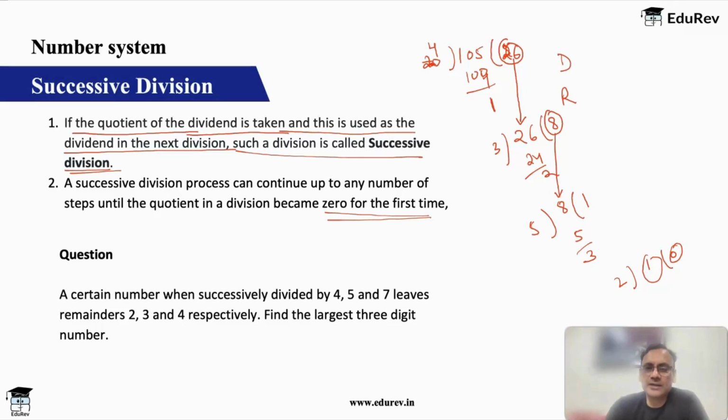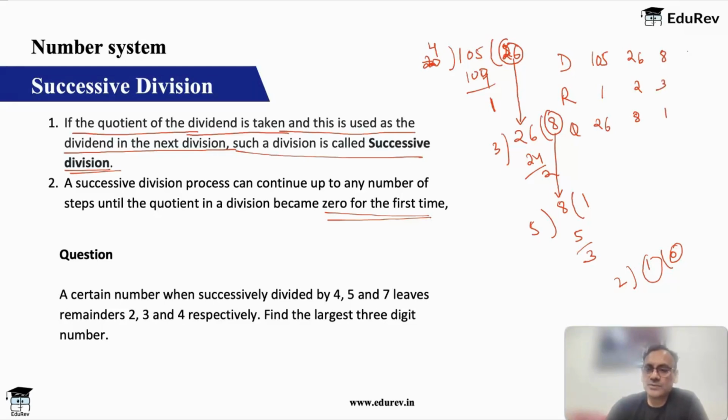If I write this now, my dividend in the first case was 105. My remainder was 1. Let's write the quotient also. So the quotient was 26. Now this quotient becomes my dividend in the second case, where my remainder was 2 and my quotient was 8. This quotient becomes my dividend in the third case, where my remainder was 3, my quotient was 1.